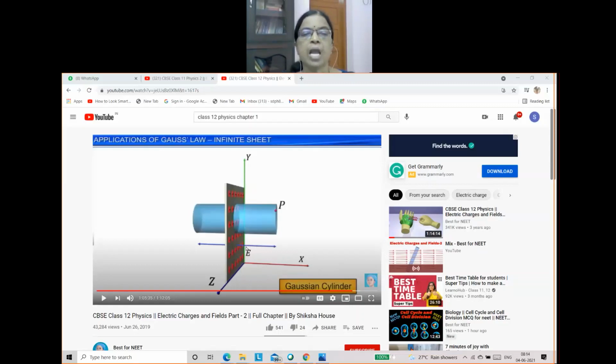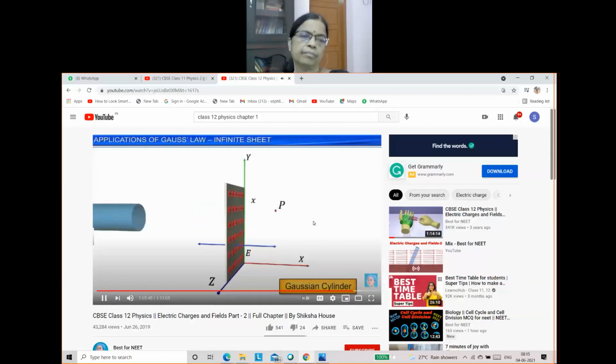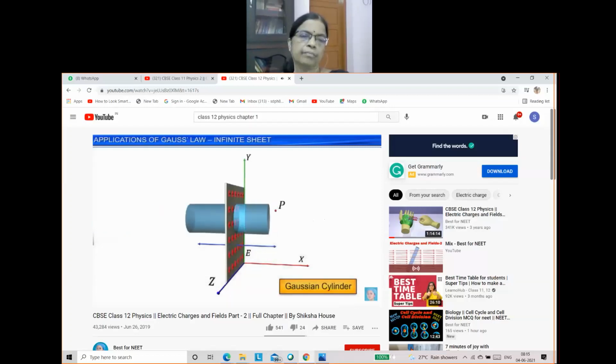Here the Gaussian surface has three surfaces, two plane surfaces and one curved surface. The plane faces are parallel to the plane of the sheet of charge, and one of them passes through P. The point P is at a distance x from the sheet of charge.